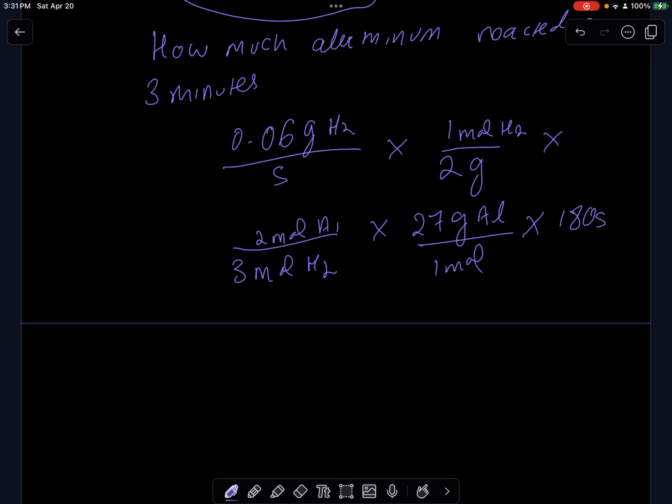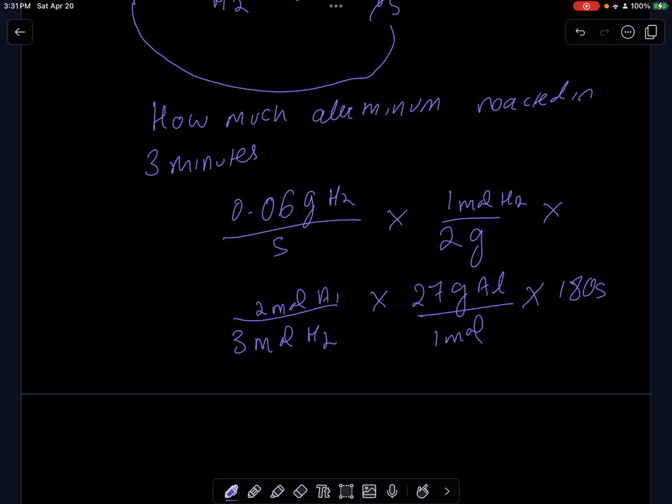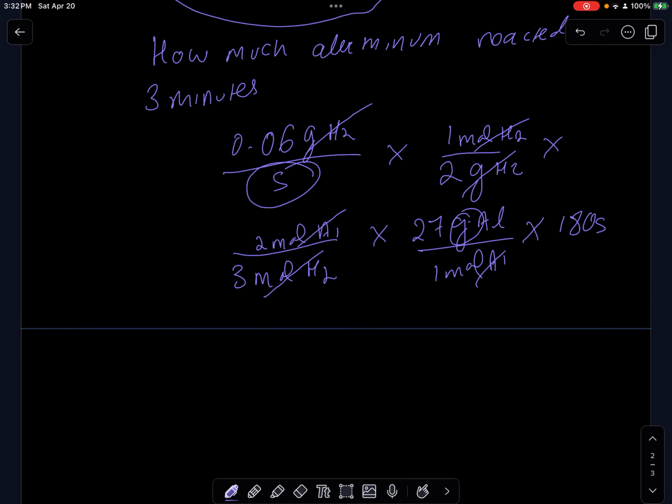We have figured out the amount of aluminum that reacts in 3 minutes, and we can check our units here. So as you can see, at this point we're in grams per second, and we've multiplied by seconds to find the amount that is reacted in those 3 minutes.